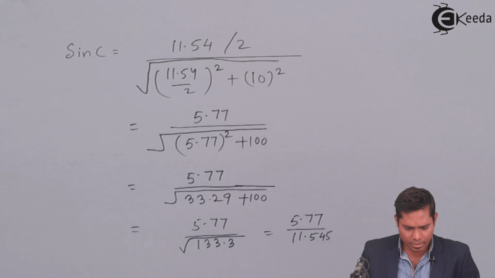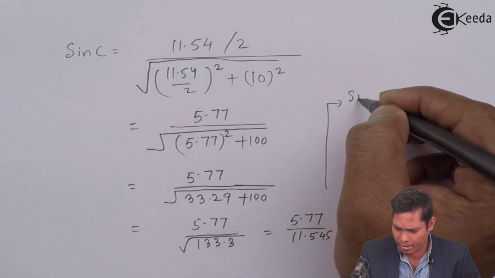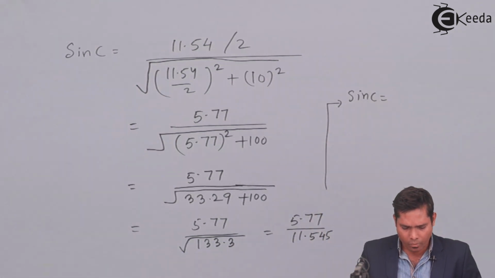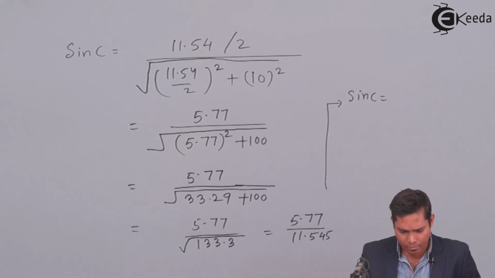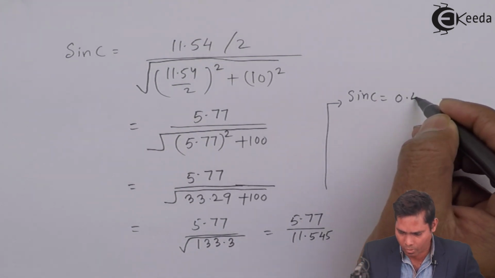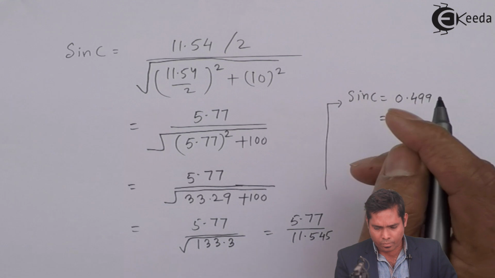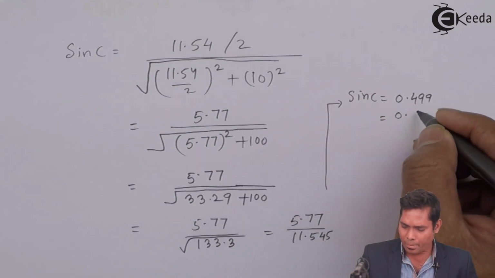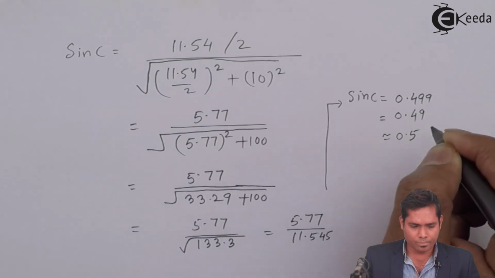And if I divide that, from here I am getting sine C equals 5.77 divided by 11.545, and that comes out to be 0.499, which is 0.5 something like that. I'll write 0.49, which is approximately equal to 0.5, approximately.